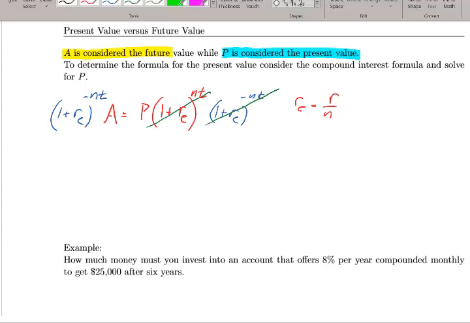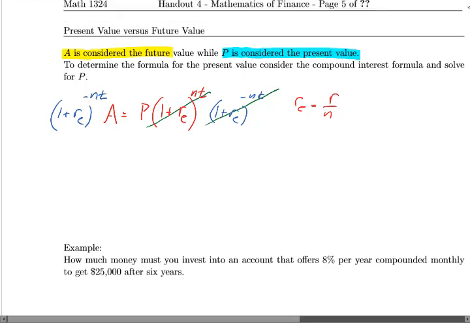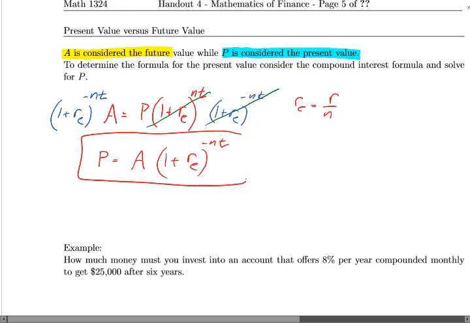So all we're left with is P on the right hand side, and so P equals A times 1 plus RE to the negative NT.